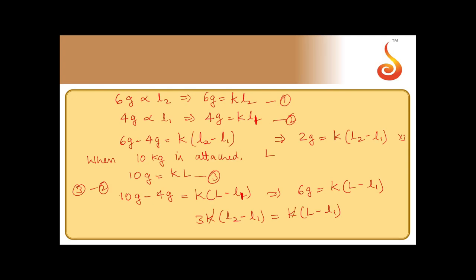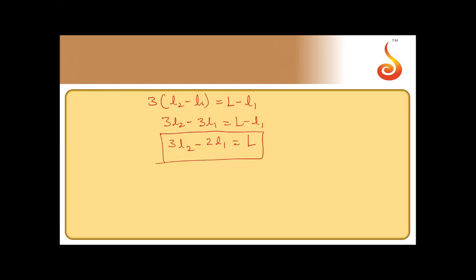So K gets cancelled. What you are left with is 3 into L2 minus L1 is equal to L minus L1. So 3L2 minus 3L1 is equal to L minus L1. So send this to this side, you will get 3L2 minus 2L1 is equal to L. That is option B.